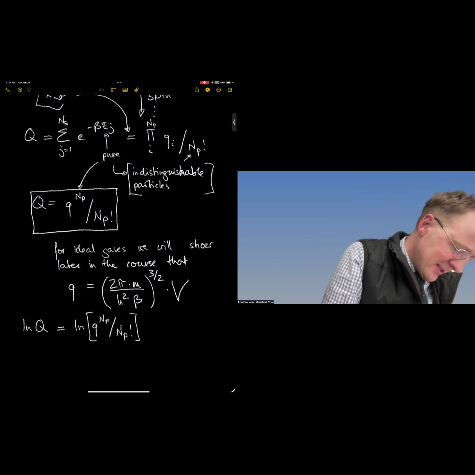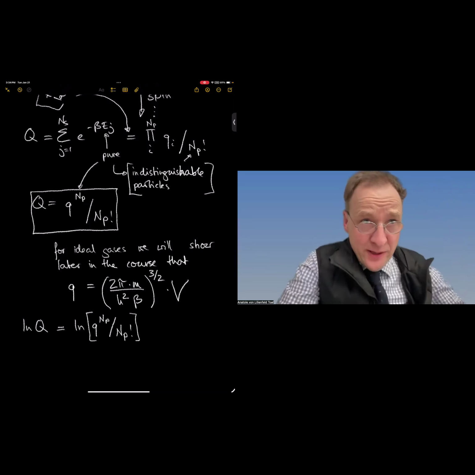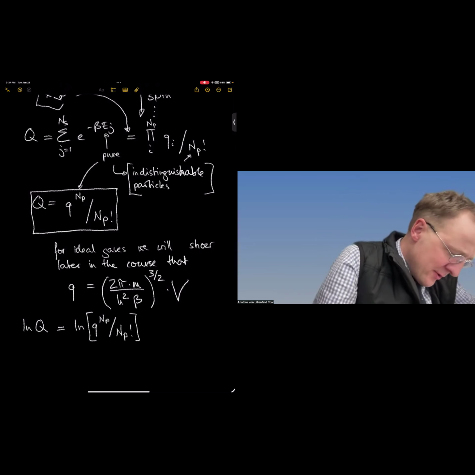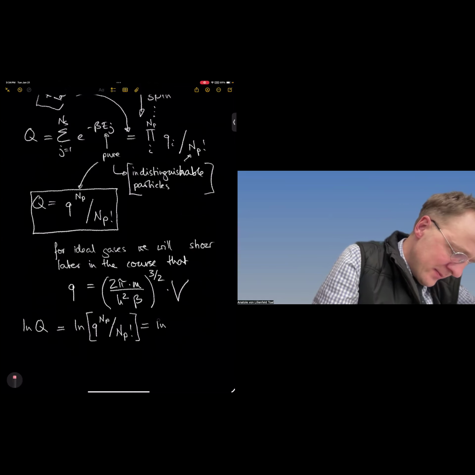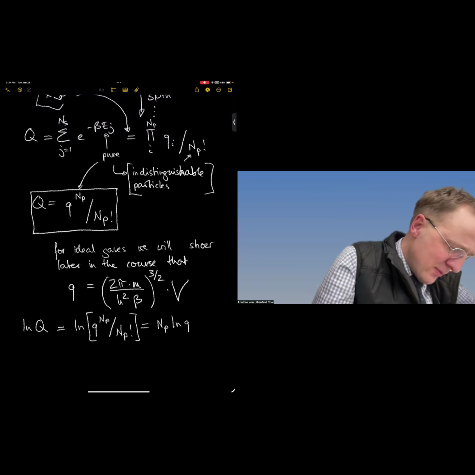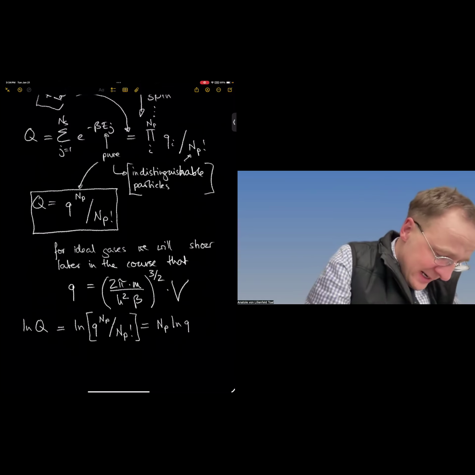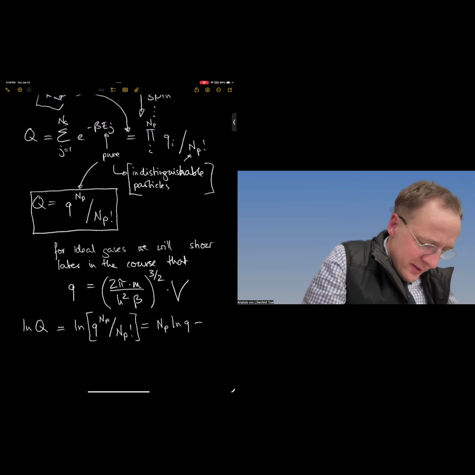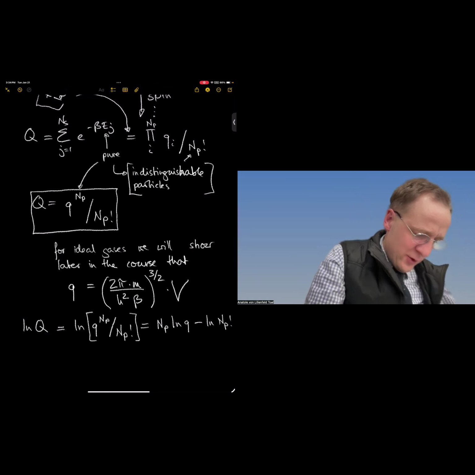Let me add these brackets to make sure this is an argument. Now, the logarithm rules tell us that we can split this out. So my NP is my exponent, of the logarithm of small q minus the logarithm of NP factorial.